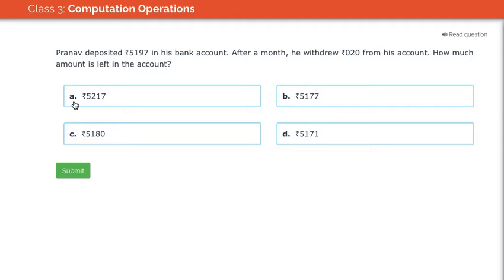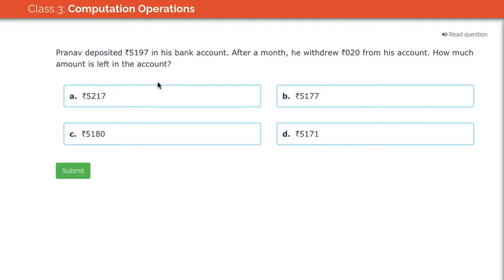Pranav deposits 5,197 in his bank account. After a month, he withdrew 20 from his account. How much amount is left?